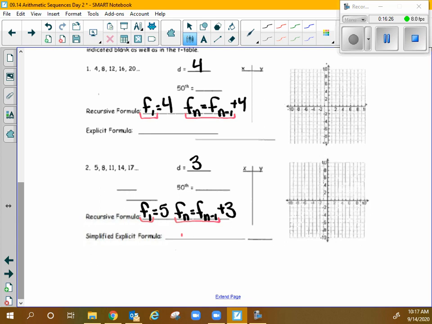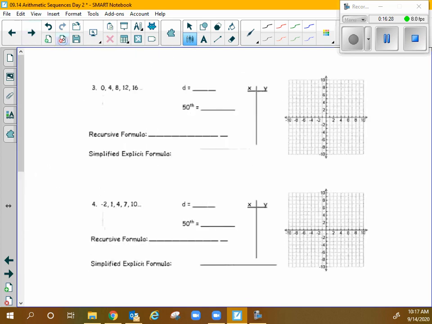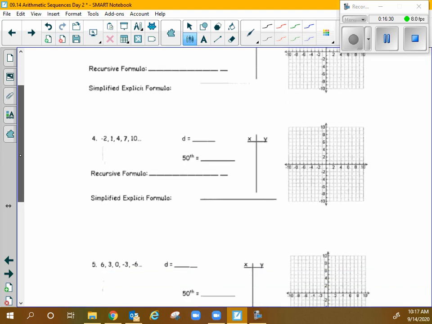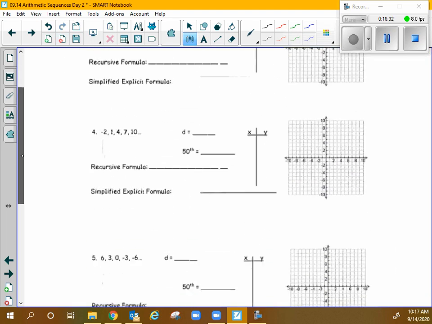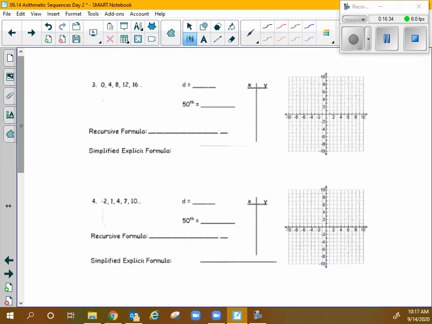Okay, flip the page for me. I want you guys to write the recursive formula for 3, just the recursive. Then we'll go back and we'll do more simplified. So just the recursive. So I went around and kind of spot checked, and everything looks good as long as you have your first term and everything else.